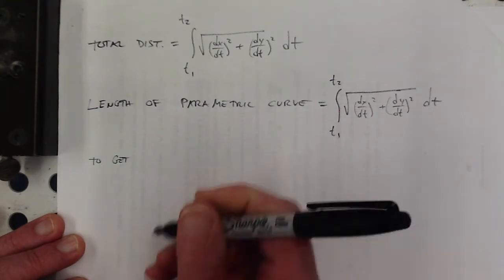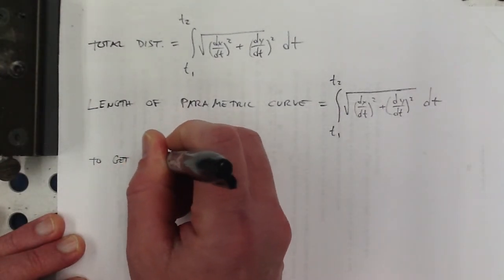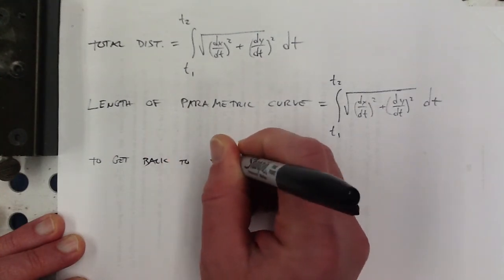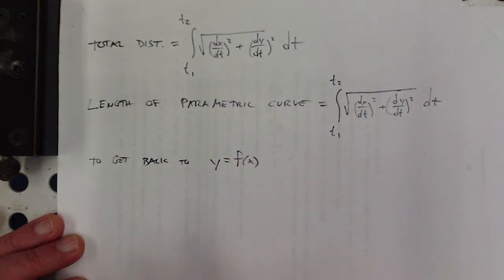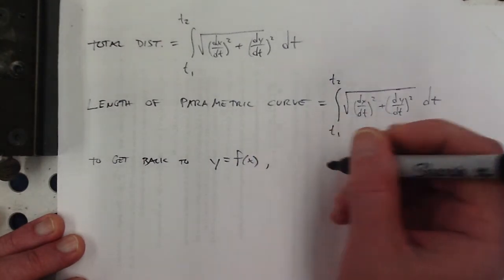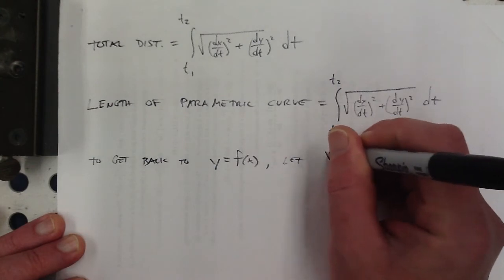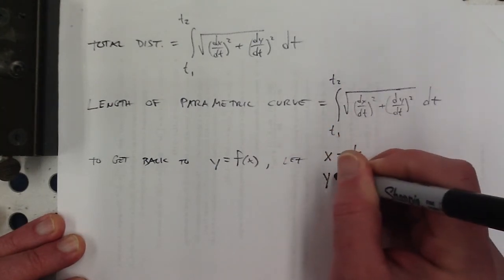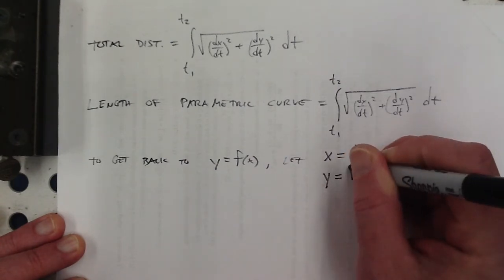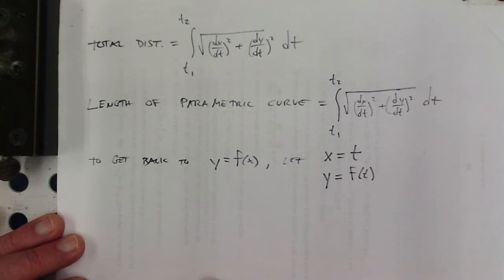It's really easy to get to from this. To get back to good old y equals f of x, not parametric, you just let x equal t and y equal f of t, right?